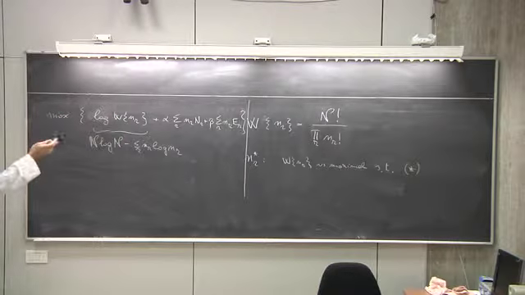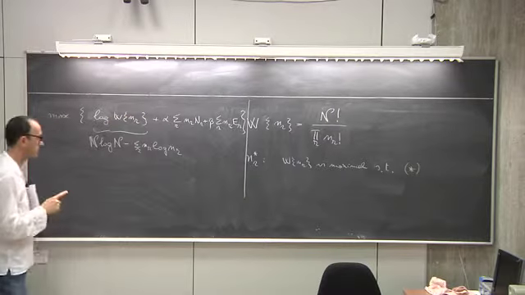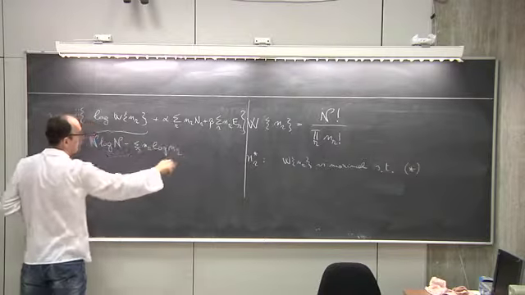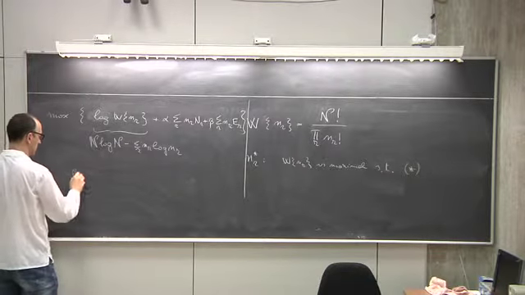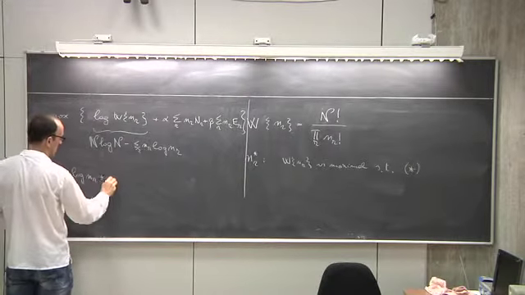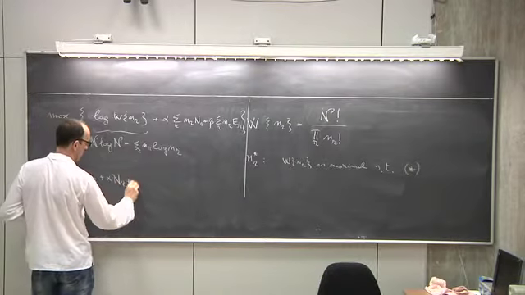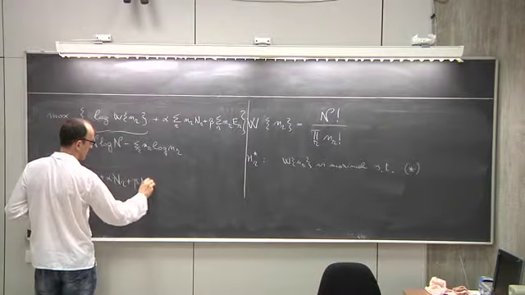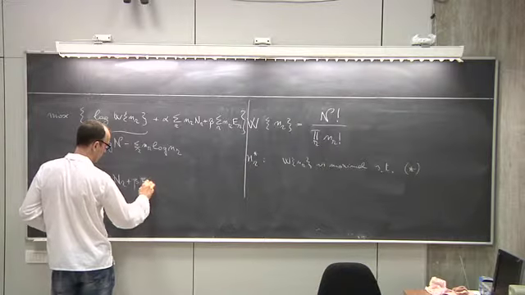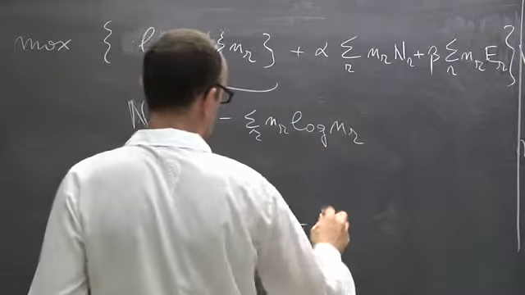When you do this, you take the first derivative of this expression with respect to nr, and you have minus log of nr plus alpha plus beta times er, and then you have minus 1.